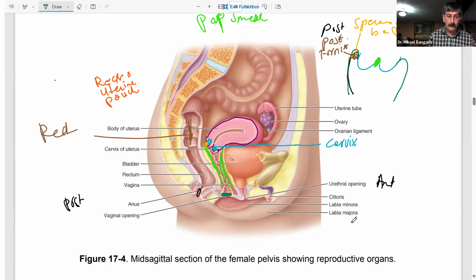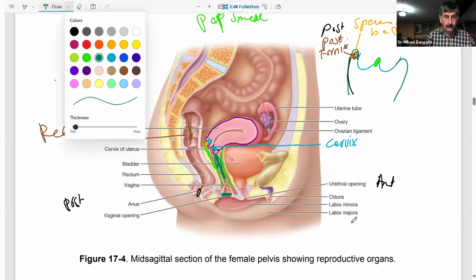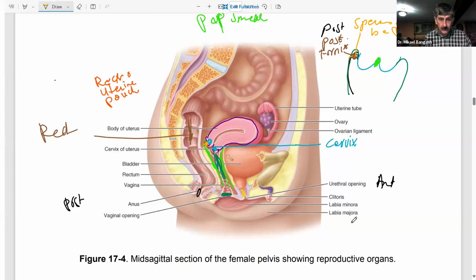And the vagina is going to run posterior mainly to the urinary bladder. So that causes the urethra to open up anterior to the vagina as well.